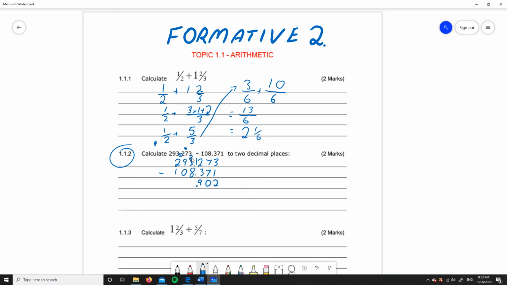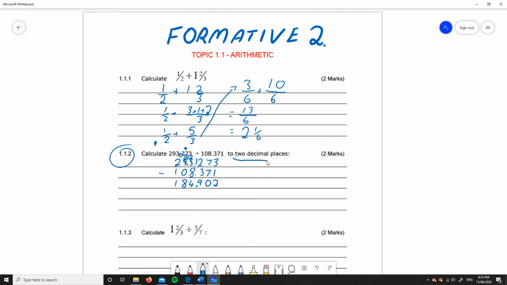Again, I can't take 8 away from 2, so I'll drop this to 8, that will become 12, 12 minus 8 will give me 4, 8 minus 0 is 8, 2 minus 1 gives me 1.